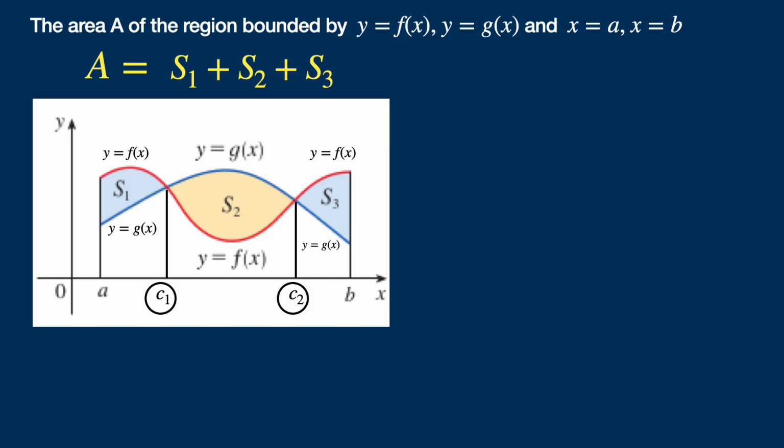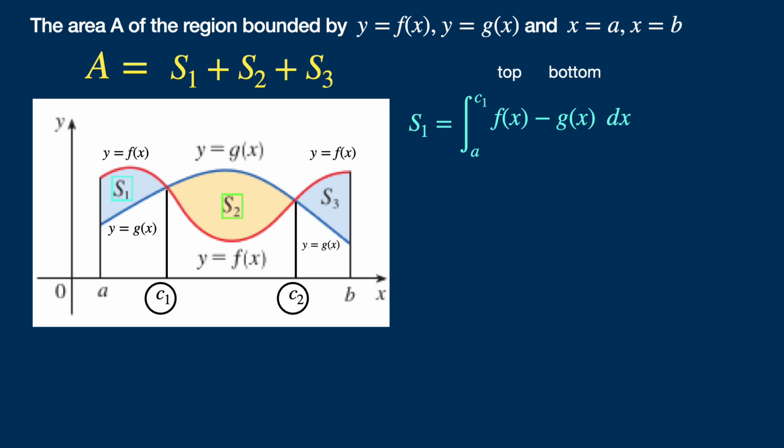So first, think about S1 right there, guys. S1 is from a to C1. That's the interval of x. The top function is f of x, the bottom function is g of x, dx. That's the first area, S1.